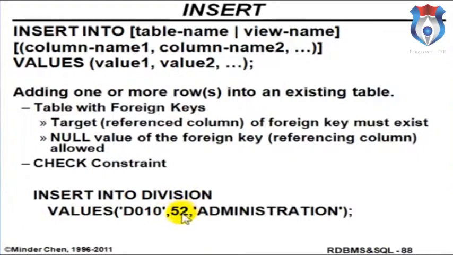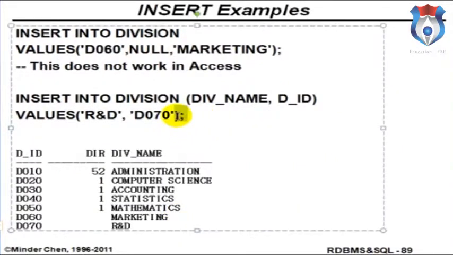The director's ID is a number, so we don't need to enclose it in single quote. And let's look at this example. I'm inserting into the division table its division name and division ID, where the value of division name is RND and the value of DID is D070.